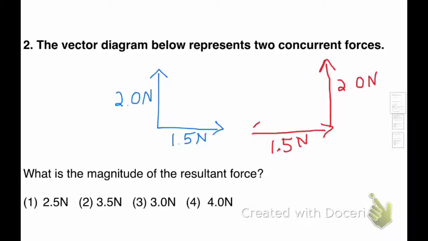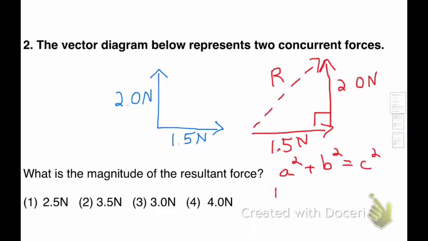And we connect them the same way as we did in problem number 1 to come up with our resultant force. Looking at this, we see that we have just formed a right triangle, so we can use the Pythagorean theorem. A squared plus B squared equals C squared.